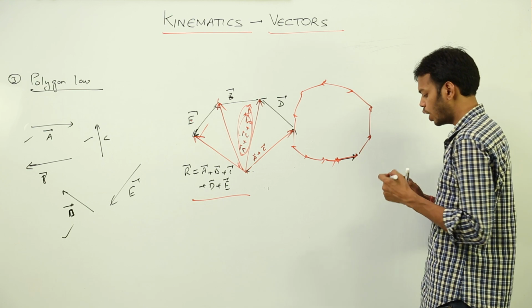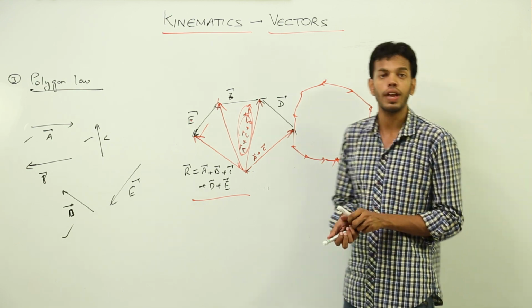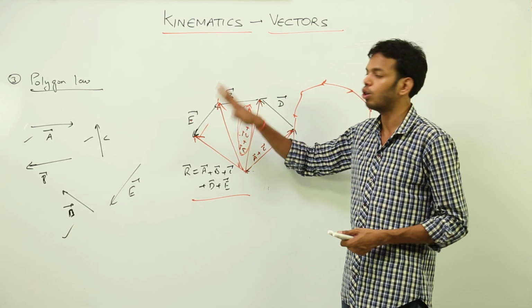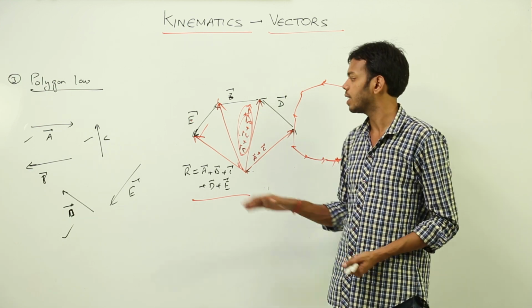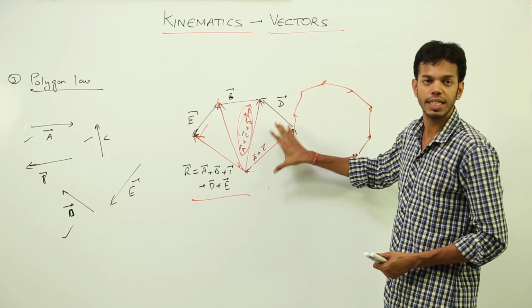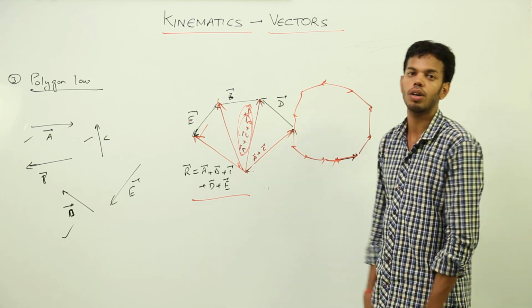So if the value of n is very large, then according to Polygon law the resultant is always 0, but otherwise we can do in bits and parts by applying triangle or parallelogram law.